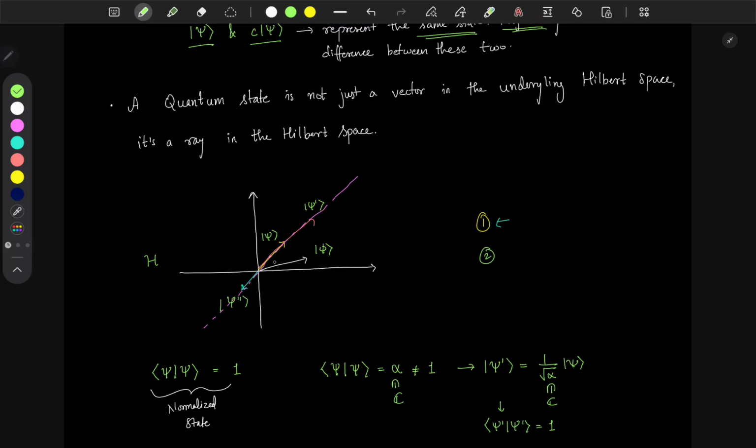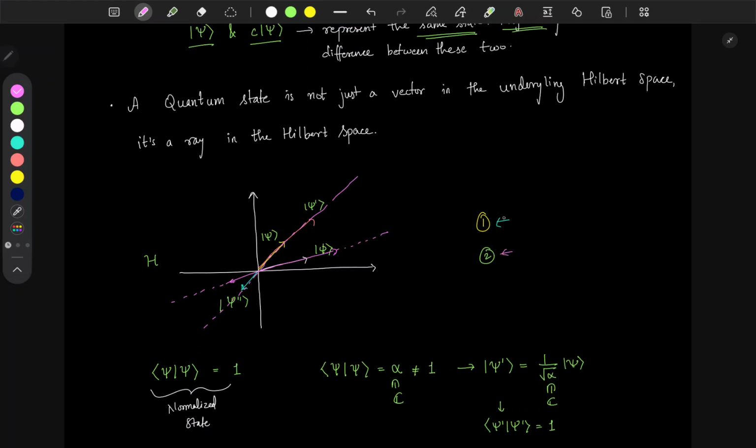It will not correspond to the state represented by these vectors. But if you take another vector, say this vector, a scaled version of this, or basically any vector which lies on this line, then all these vectors will correspond to state 2.